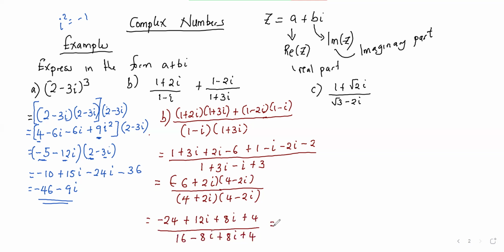So you see down there, what's happening there happened when you're doing rationalization. They cancel. So we have negative 24 plus 4, negative 20.